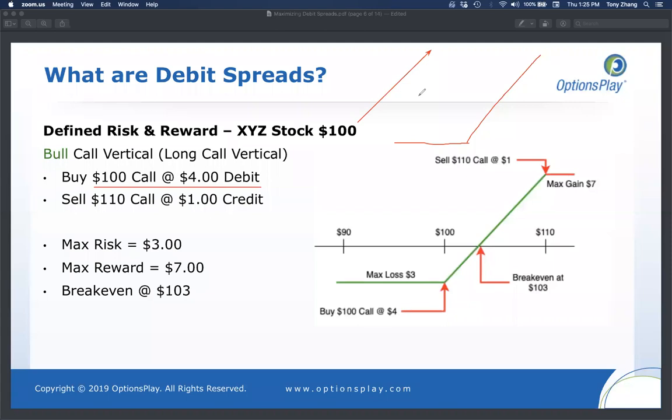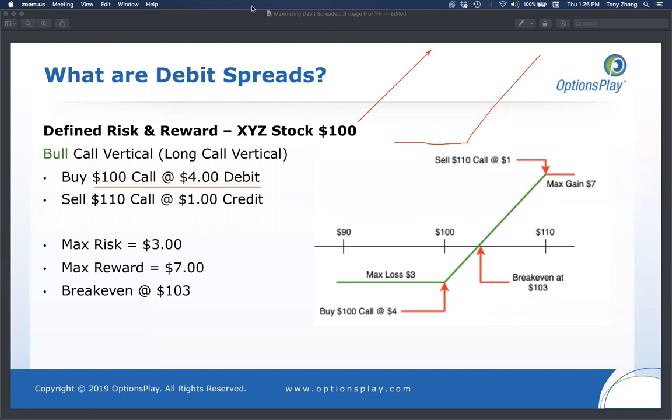It's currently trading at $100, but do you actually believe the stock will hit 200 or 300 in the next month or two? Chances are you don't. So why are you paying for all that upside? And chances are you've probably never thought about the fact that you are paying for all that upside, when in reality, you don't believe it's actually going to go that far.